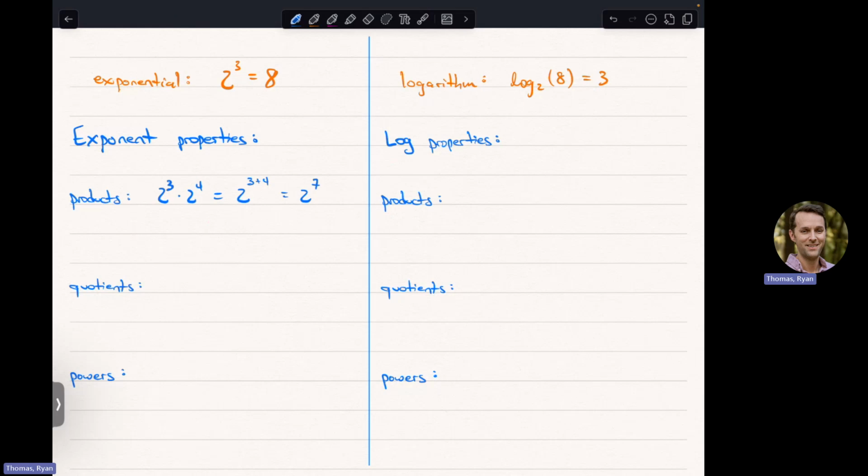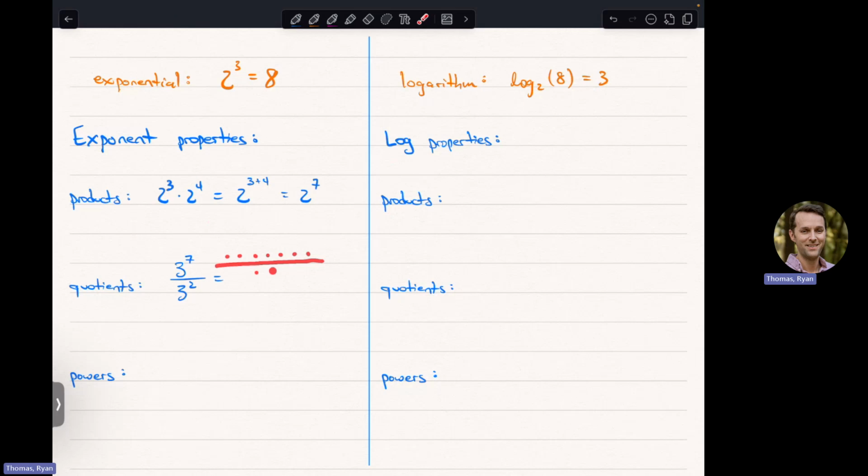For dividing, it's a similar idea. Let's say I have 3 to the seventh divided by 3 squared. Well, again, this is 1, 2, 3, 4, 5, 6, 7 copies of 3 over 1, 2 copies of 3.